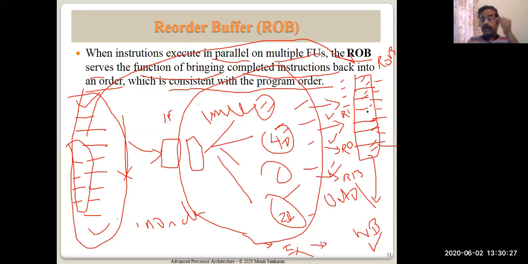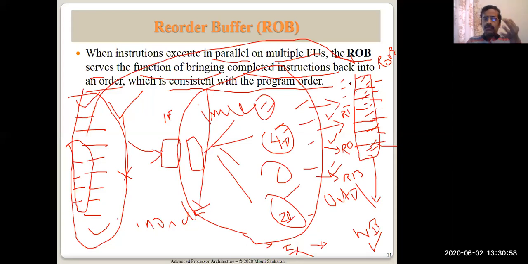But I am remembering the order in which the instructions were issued. I told you issue is happening in the same order as the program. So I store the instructions in the same order in the cyclic buffer. Why is it cyclic? It will go back and keep going. Suppose the depth of this buffer is 10, I can have 10 instructions in execution in the same sequence.